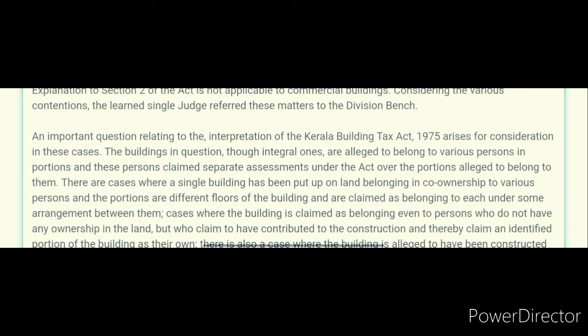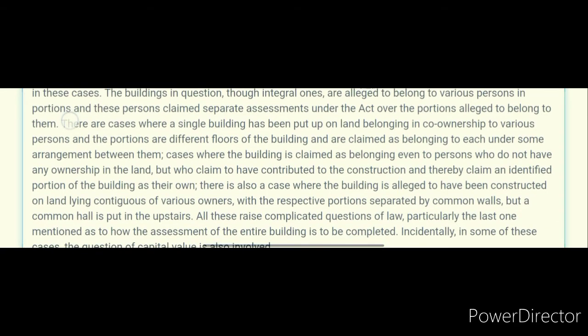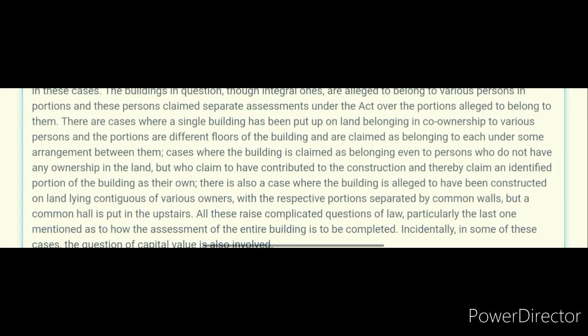Para. An important question relating to the interpretation of the Kerala Building Tax Act 1975 arises for consideration in these cases. The buildings in question, though integral ones, are alleged to belong to various persons in portion, and these persons claimed separate assessments under the Act over the portion alleged to belong to them.